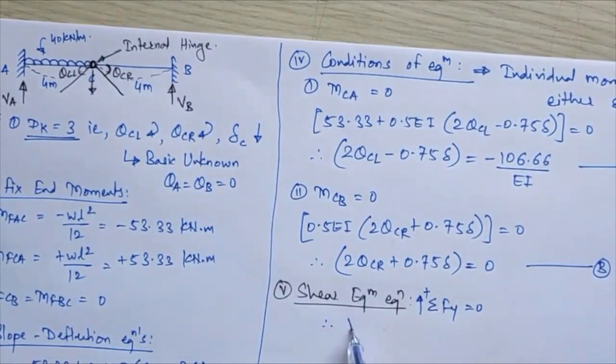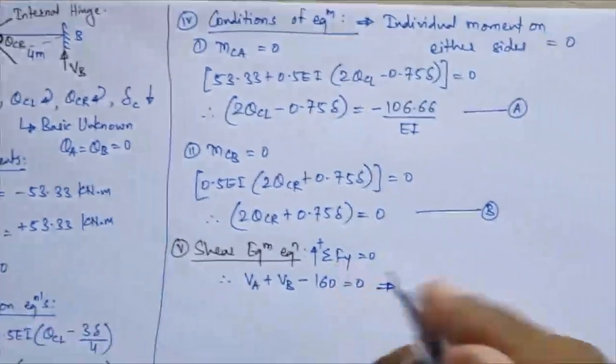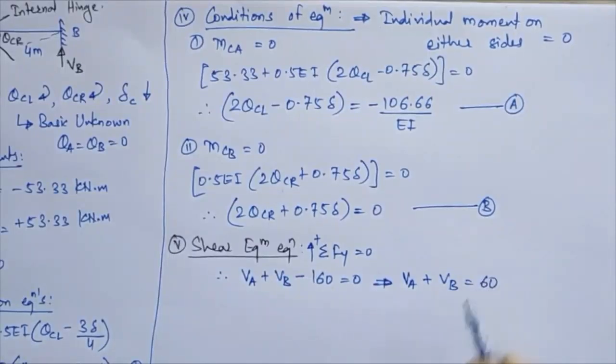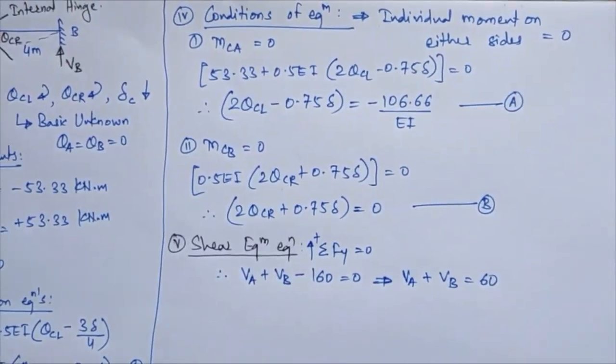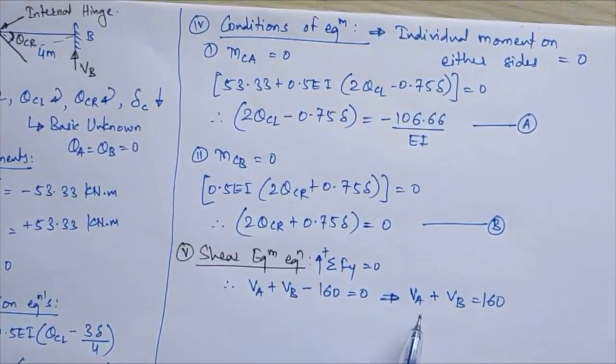So the total equation I will get as VA plus VB minus 160 is equal to 0. Or you can simplify this as VA plus VB is equal to 60 simply. Okay. Sorry, this will be 160. Okay. Now to calculate this equation, I need to calculate the values of VA and VB here.